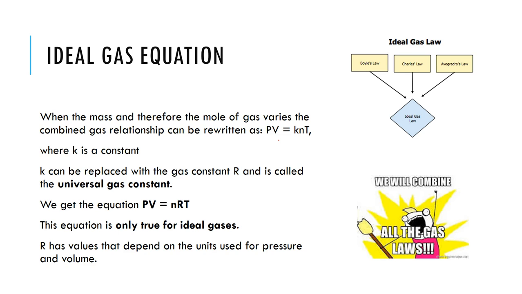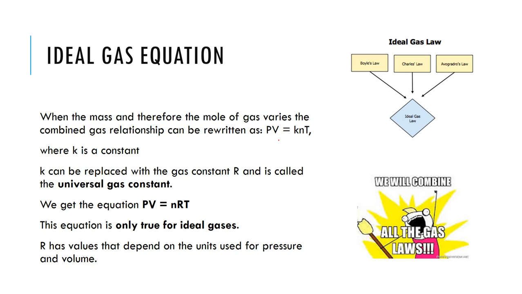This equation is only true for ideal gases, so the solutions that it gives are based on the assumption that our gas is acting ideally, which means that any solution we get for this, when compared to a laboratory value, may differ for a real gas. But essentially, we don't have an equation that works all the time for a real gas, so we assume that gases are acting ideally every time that we use this.